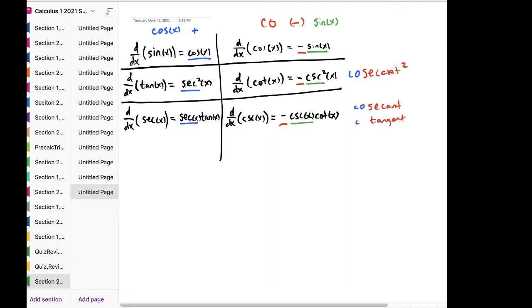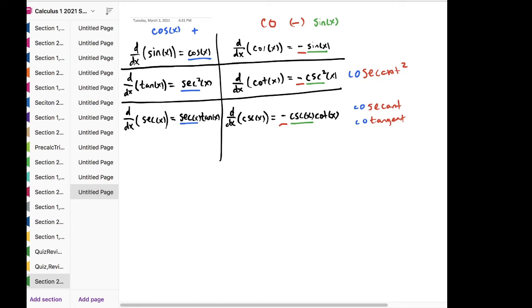So, one little way of memorizing that. All the co-functions have negative derivatives, and they have an expression of sine in them. And all the ones that are not co have positive derivatives and have some expression of cosine.